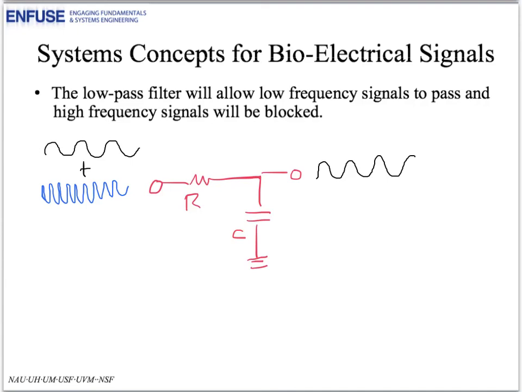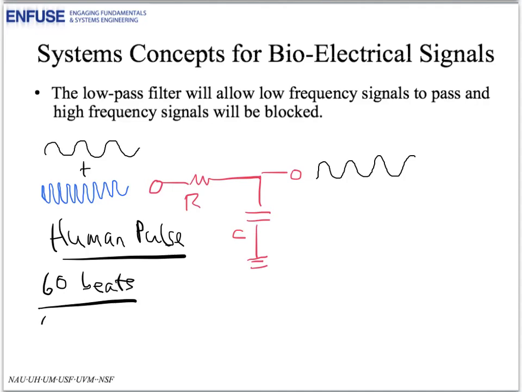So for a typical human pulse, somewhere in the area of about 60 beats in 60 seconds, so that's roughly about 1 hertz as a nominal frequency.